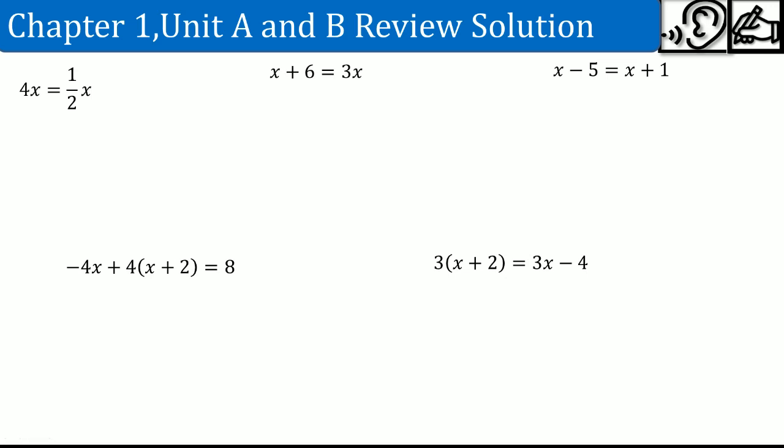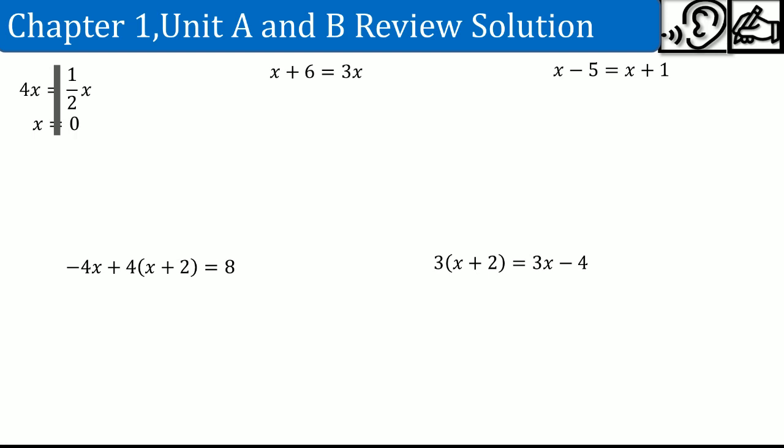The first one, 4x equals 1 half x. Okay, draw the line. No matter what I can do, it's not infinite because the left side does not match the right hand side. It is not no solution because it has to be the same variable on both sides for it to cancel. The only one left is one solution, and the only solution that works for this is 0.